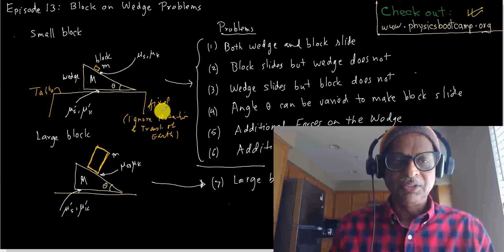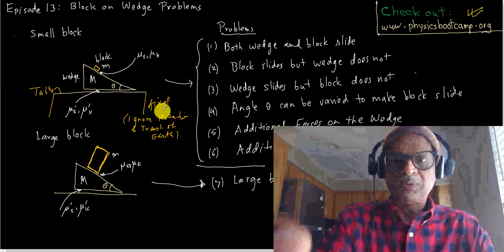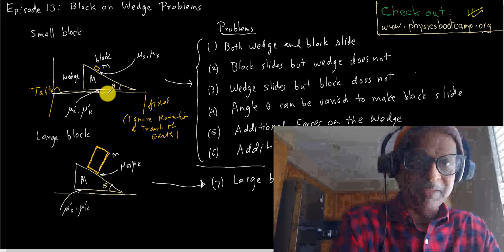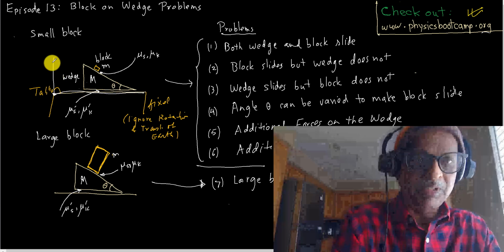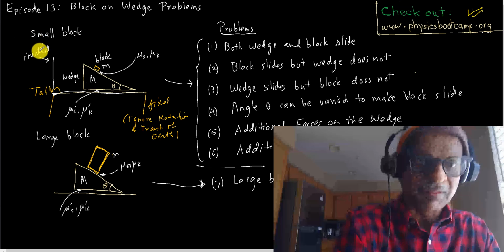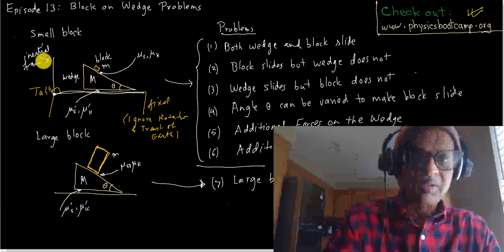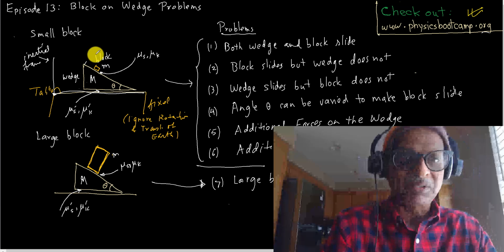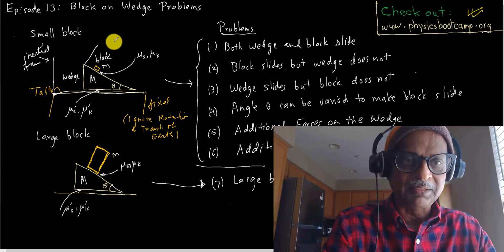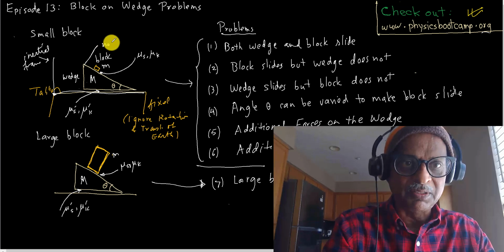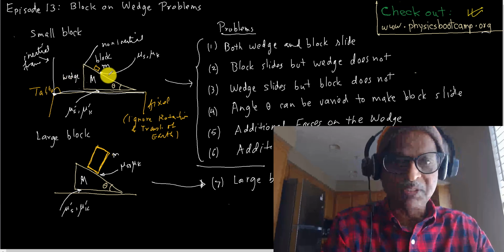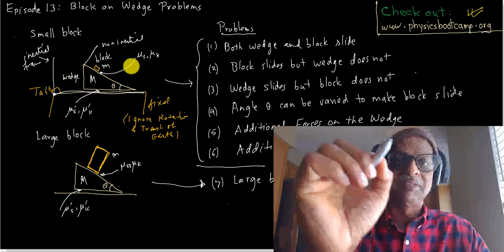If I were to take, in any of these problems, an axis fixed to the table, this will be an inertial frame. But if I had an axis fixed to the wedge, this axis will be non-inertial, because the wedge itself will be sliding.